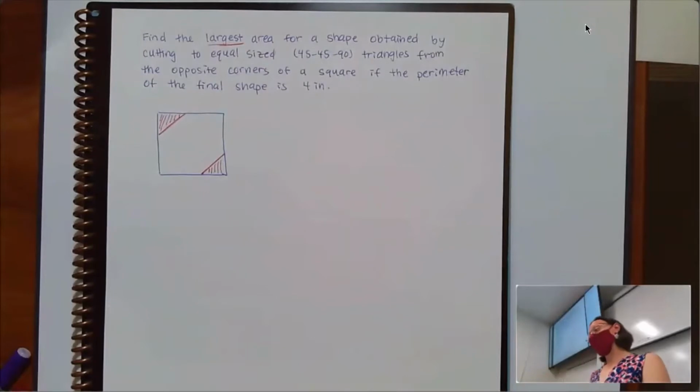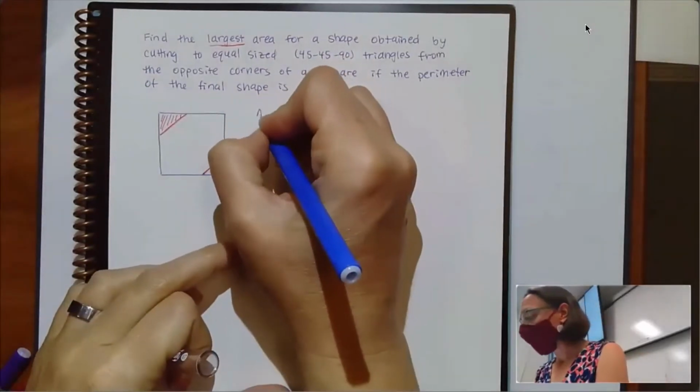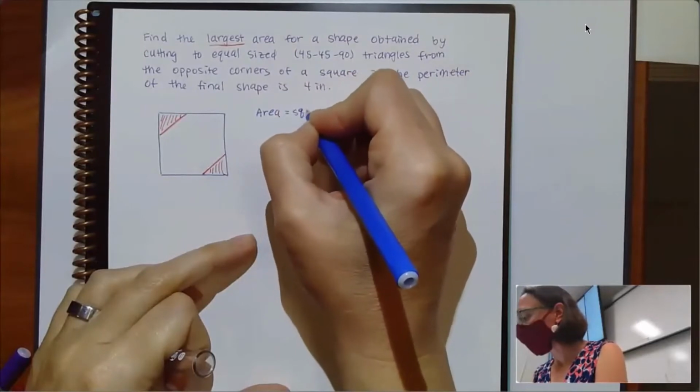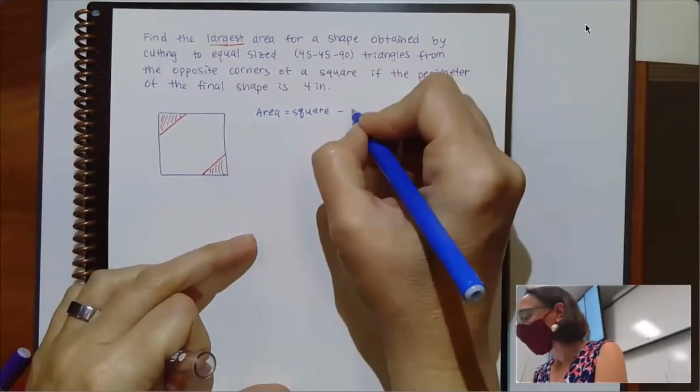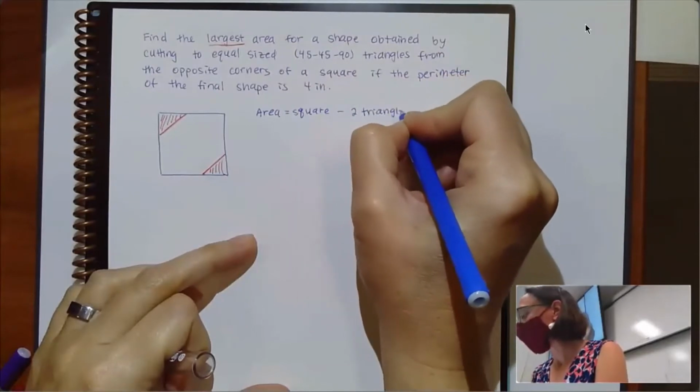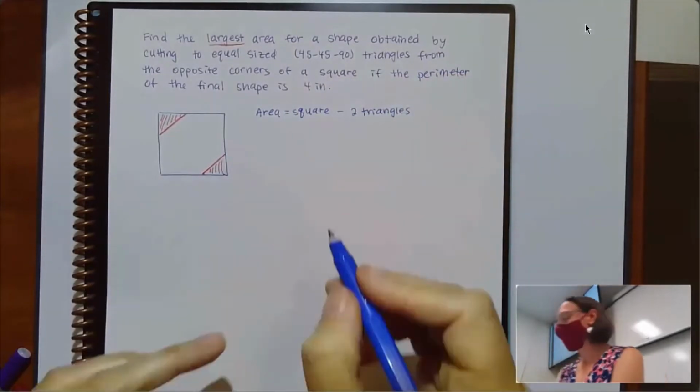So in general, my area would be the square minus 2 of the triangles in terms of their areas.